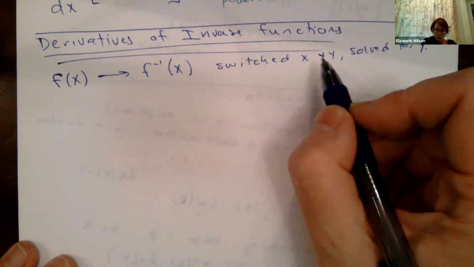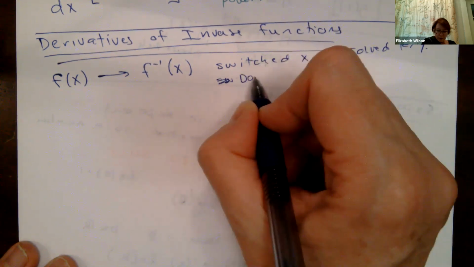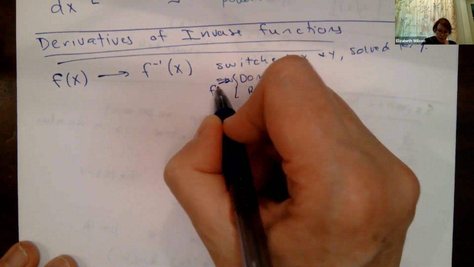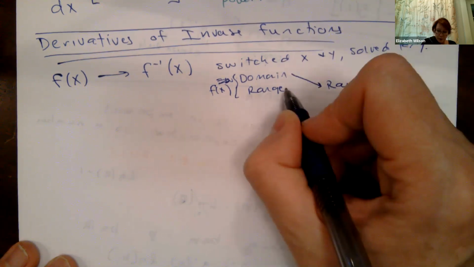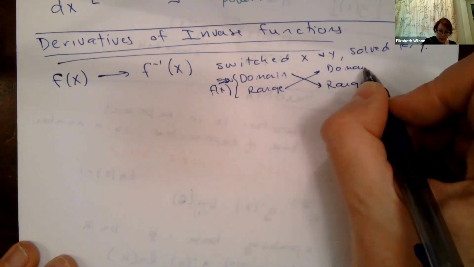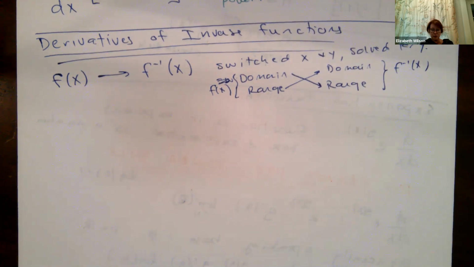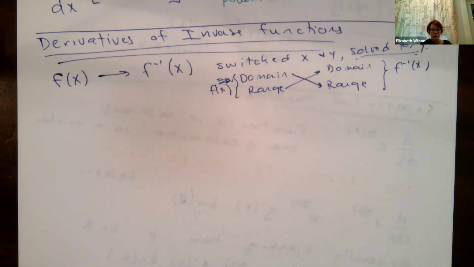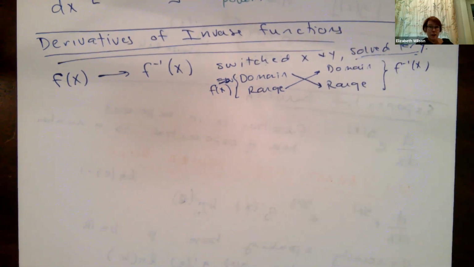But the switching of the x and y means we switch domain and range, so that my domain and range for my function, this becomes my range, and this becomes my domain of my inverse, right? So my domain and range get switched, which is what we mean when we say switch the x and the y and solve for y. So when we did this stuff in Algebra 2 or pre-calc, depending on when you would have had it, we focused on functions where we could actually solve for y.